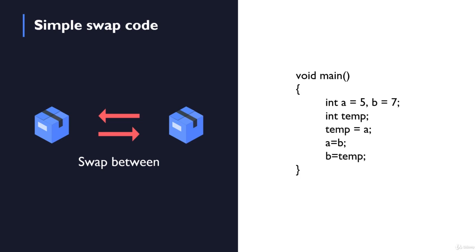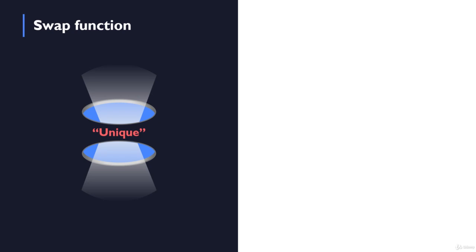And now, since we already know how functions work and what they are used for, we would like to take this piece of code from the main function and put it inside a unique function, and call this function just swap, okay? Just to extract it out from the main function. We know that this swap functionality between two variables may be used more than just once, right?